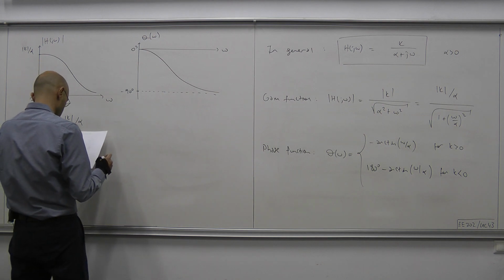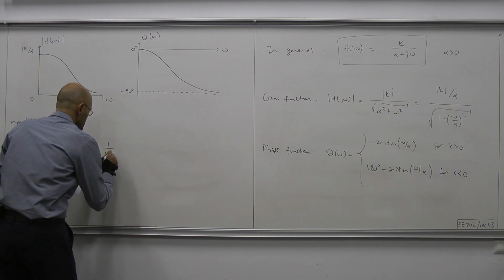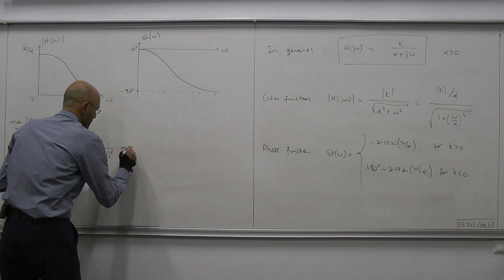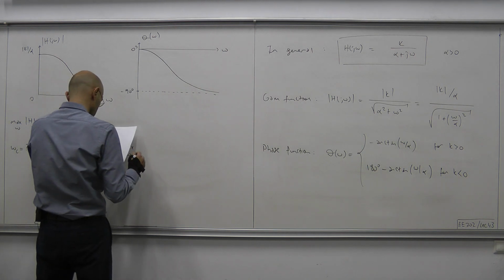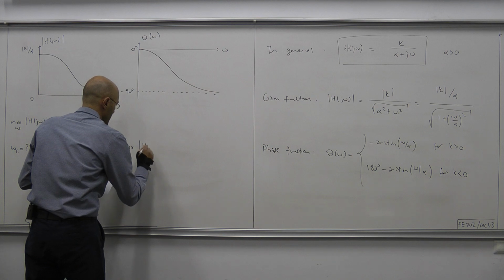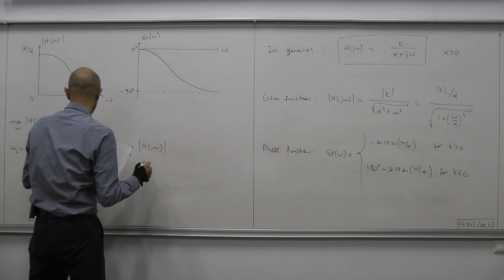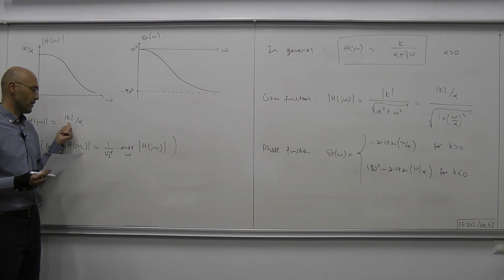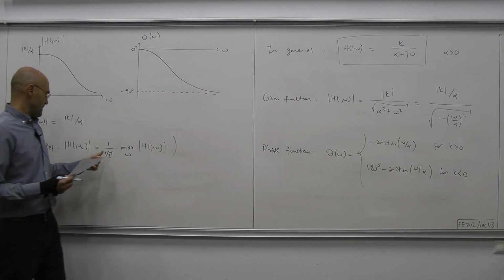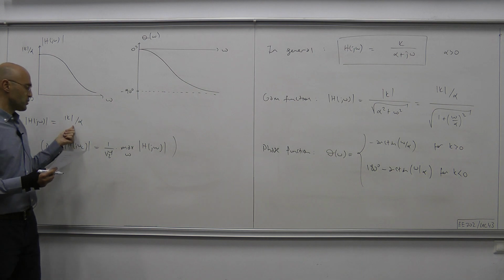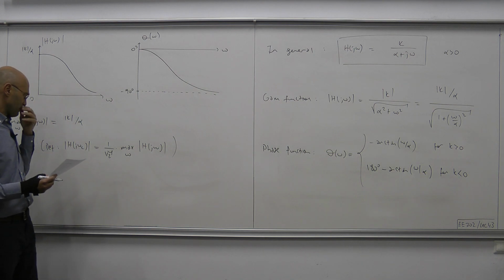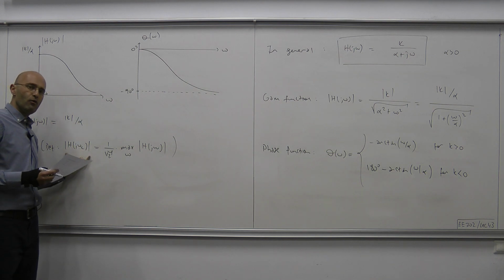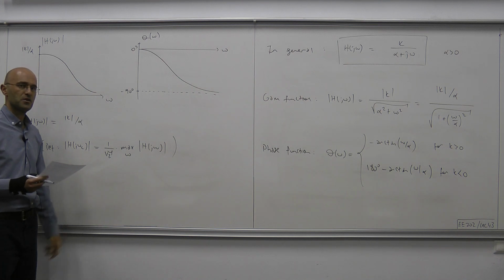Okay, so what we have is 1 over square root of 2 times max |H(jω)| magnitude. So that was our definition.